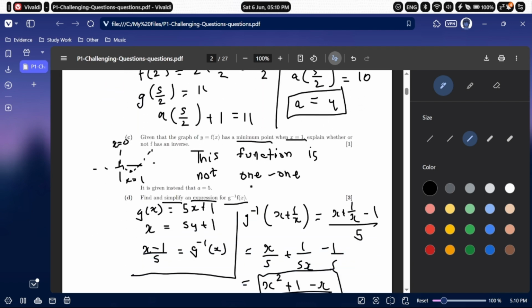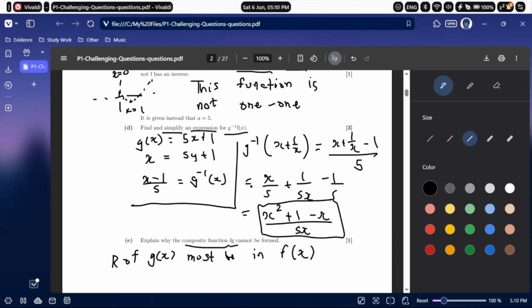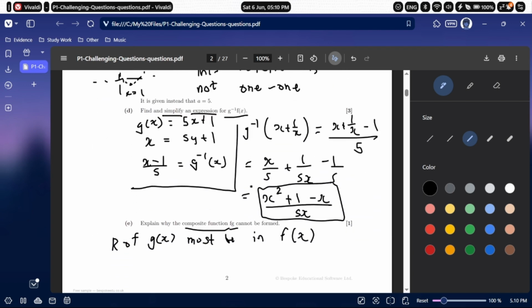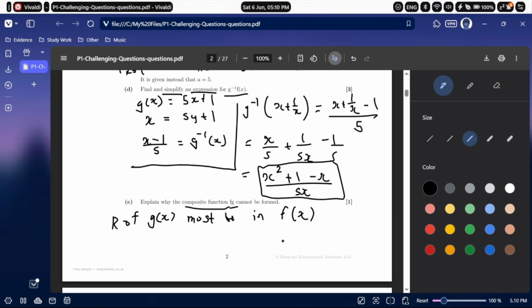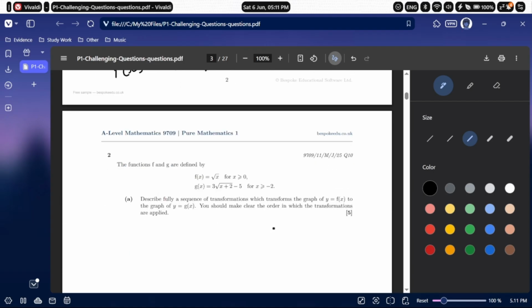So it's basically not restricted to the domain of the outer function. So the range of g of x must be in the domain of f of x, which is not the case. Okay, yeah, so that's pretty much it for this.